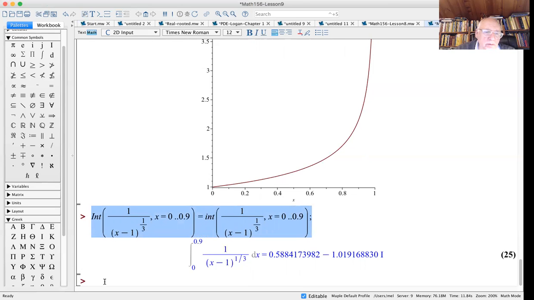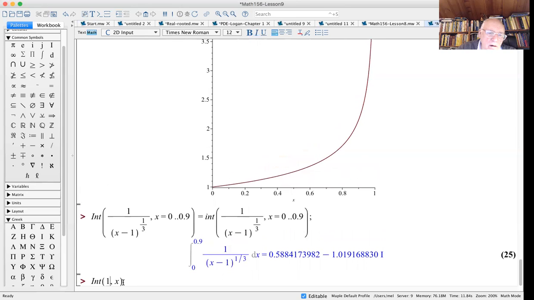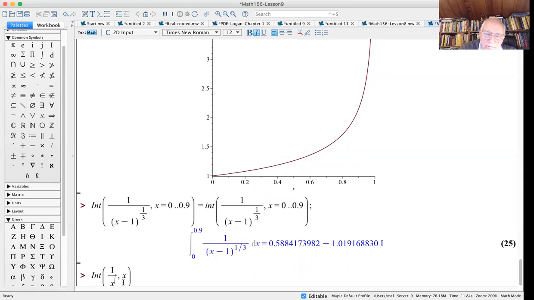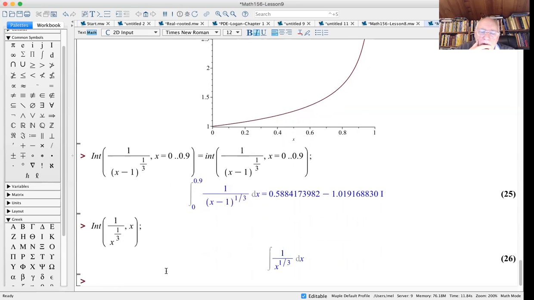Let's make it look at a simpler integral. Let's look at the following integral. The integral of x to the 1/3.